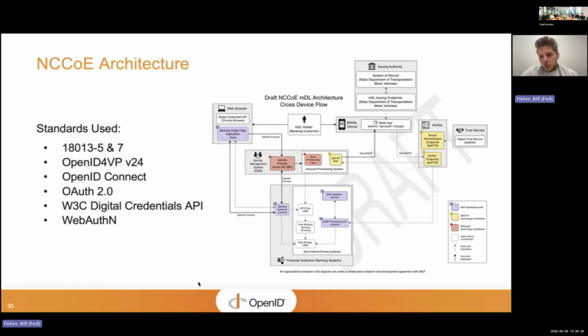And then one of the things we're demonstrating as part of our project is not just the presentation of the mDL, but then also the issuance of a passkey afterwards, right? So we like the idea for our project that mDLs are great for identity verification, identity proofing. They come with all these cryptographically verifiable attributes.